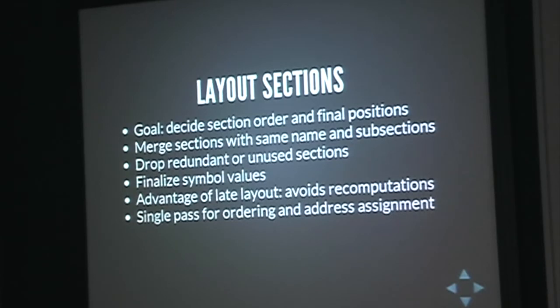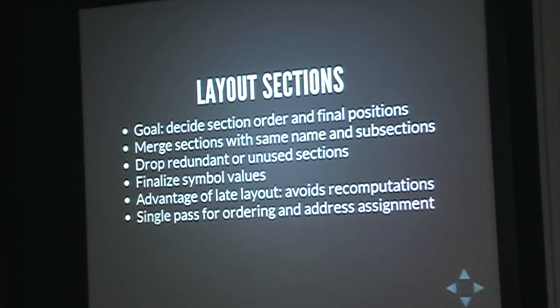Once we have all the sections determined, we want to decide which order they should appear in the output file and at which position. So the layout phase basically merges sections that have the same name, like two object files providing the text section.